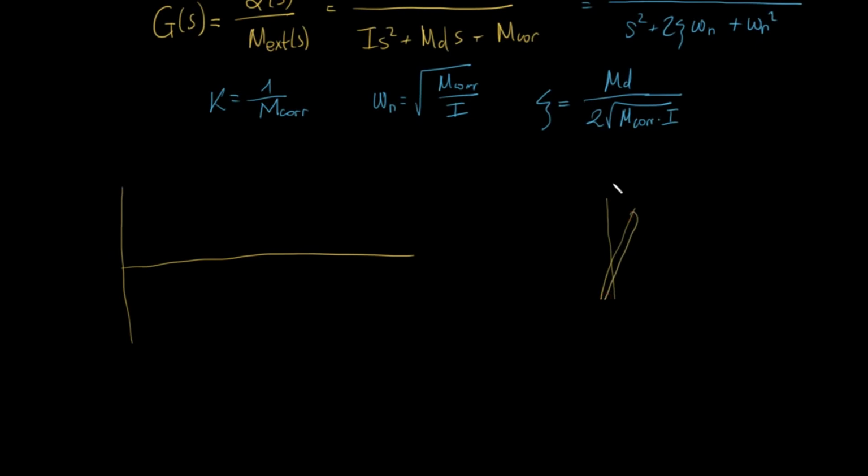No, we're starting with a vertical rocket. Imagine we have a vertical rocket, and I just gave it a nudge. Okay, I just gave it an impulse, an external moment, just a quick impulse.